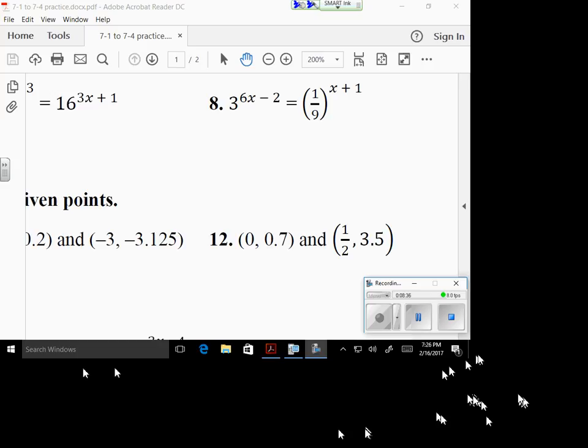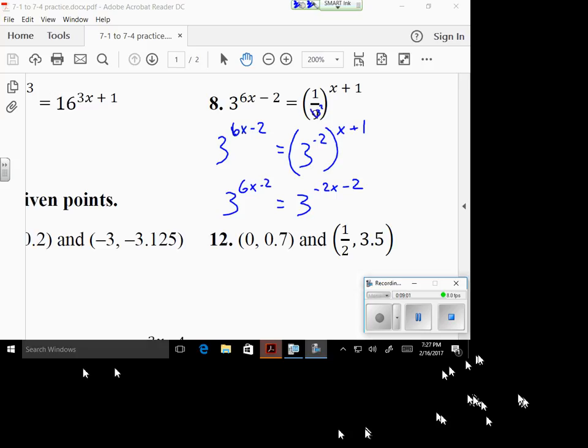Number 8. 1/9 is the same as 1 over 3 squared, which is the same as 3 to the negative 2. Multiply your exponents again, we get 3 to the 6x minus 2 equal to 3 to the negative 2x minus 2.